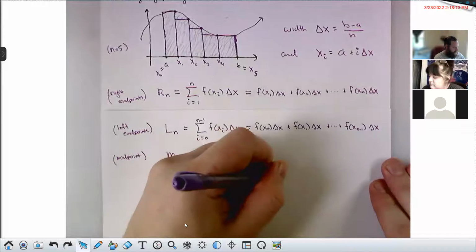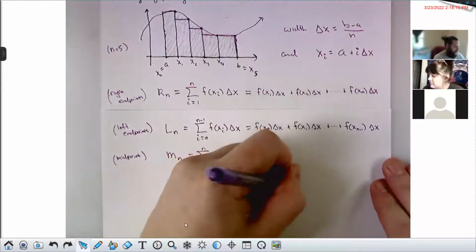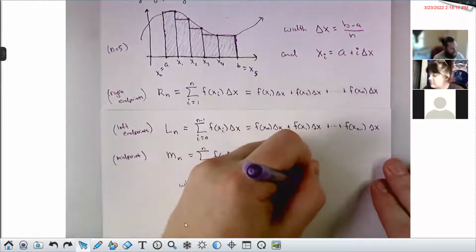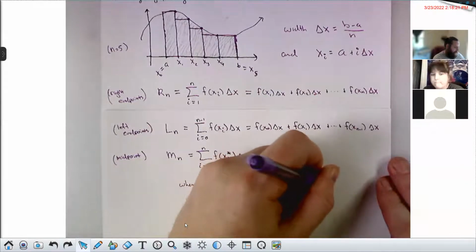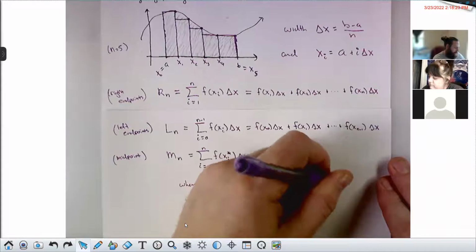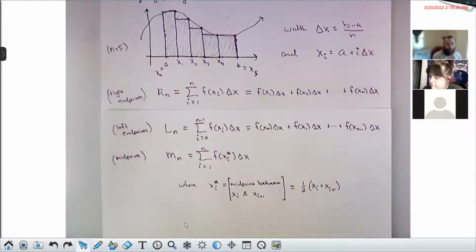Now, what is that? Well, there is a formula for this if you want it. It's going to be 1/2 of x i plus x i plus 1, where the xi's come from this guy.